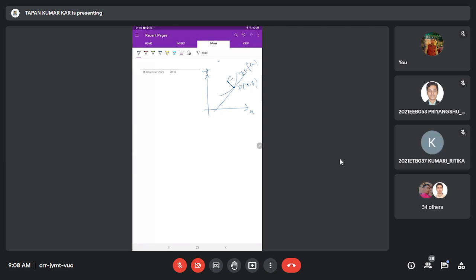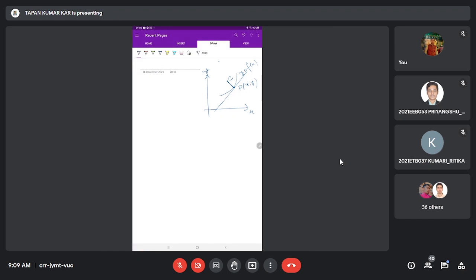Now, if you draw a circle at the point P with PC as the radius of the circle, then you will get the circle of curvature, and the point C is called the center of curvature.